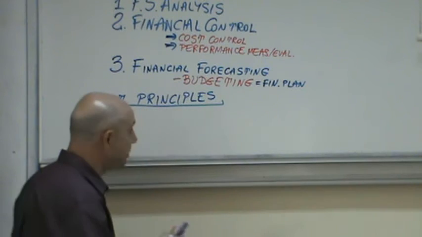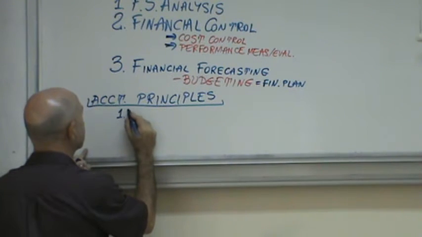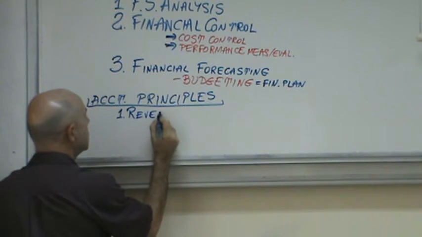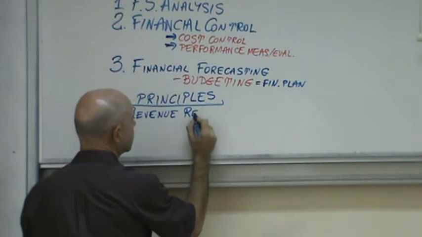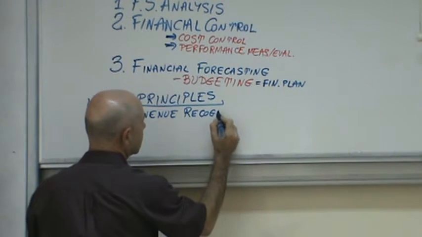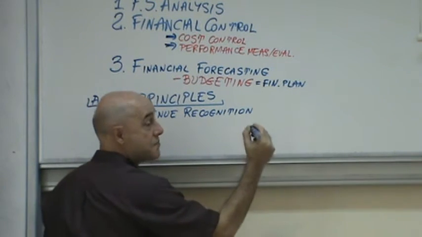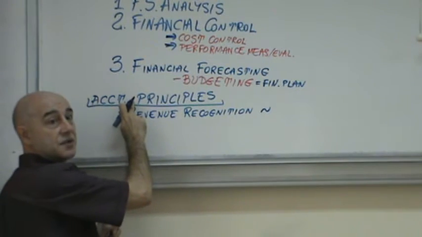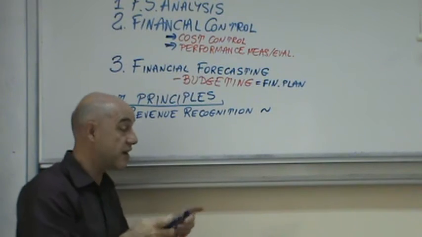The first one is called the revenue recognition principle. I can put it in red, it doesn't matter. Revenue recognition. I put this little dash here, it's the same as principle. So, revenue recognition principle. Sometimes just revenue recognition.